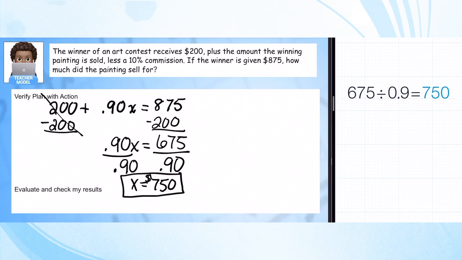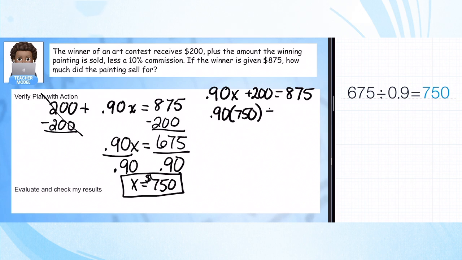So let's check our work and let's see if this makes sense. So he's getting 90%, 0.90x plus $200 is $875. So he gets 90% of $750 plus a $200 prize is equal to $875.